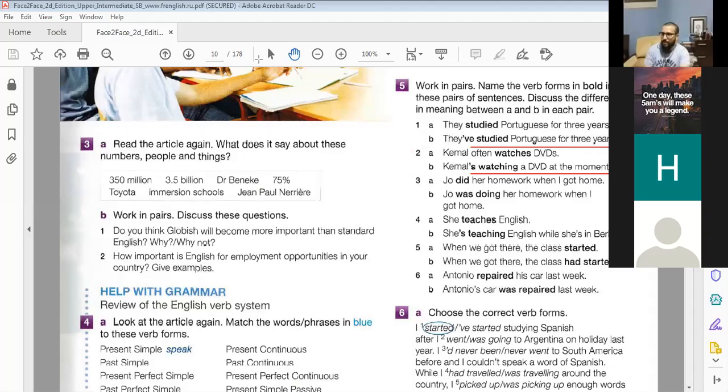He usually does this, but it's watching. It's just watching now at the moment. Okay, correct. I think the second couple is sort of straightforward. It's not complicated. Okay, let's see the third one.